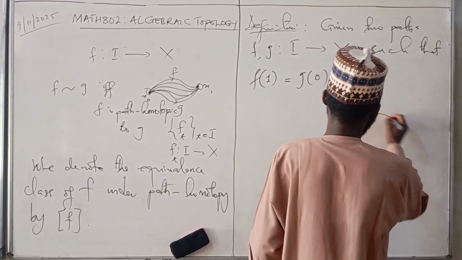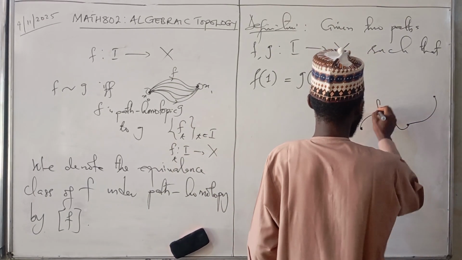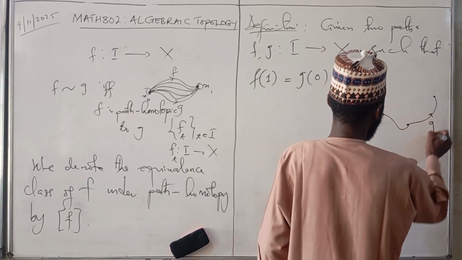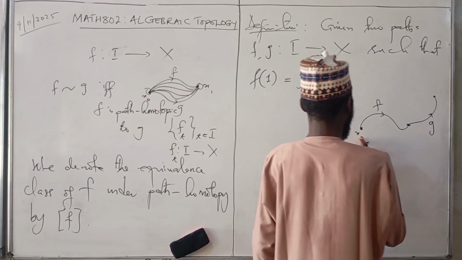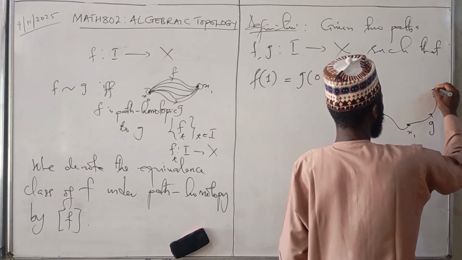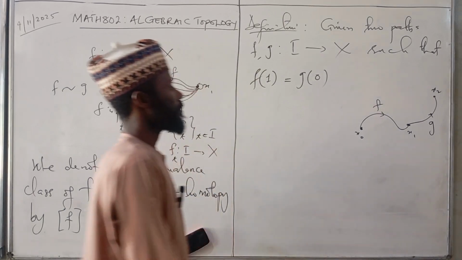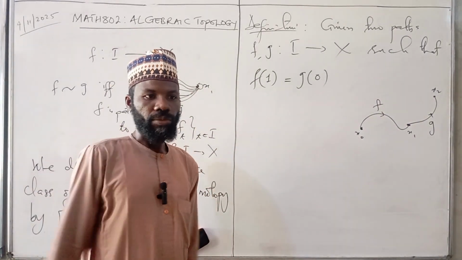So this is the path f, and that is the path g. f starts from this point x0 to x1, and g starts from x1 to x2. So if you have paths like this, then you can take the product of the two paths.